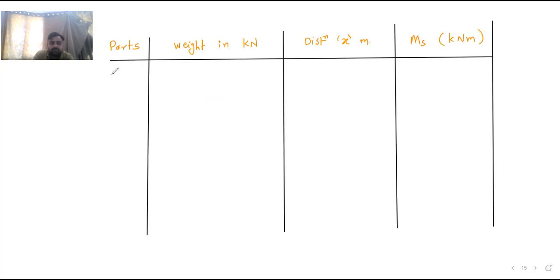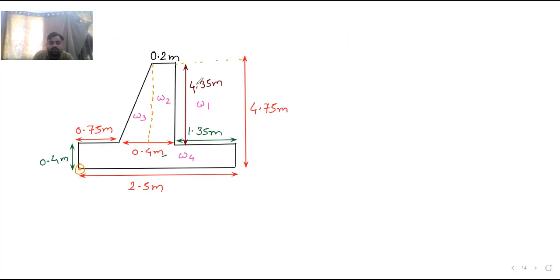Weight in kilonewton. So what is the weight? So W1 you can see now. This distance is 1.35. This is 4.35. Assume the length of the retaining wall is 1 meter, assuming per meter length analysis. So the length of the retaining wall is 1 meter.